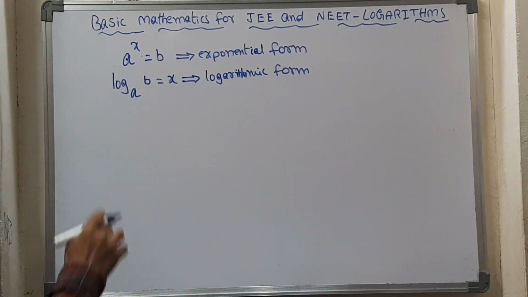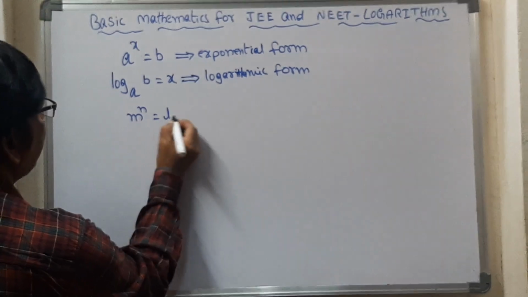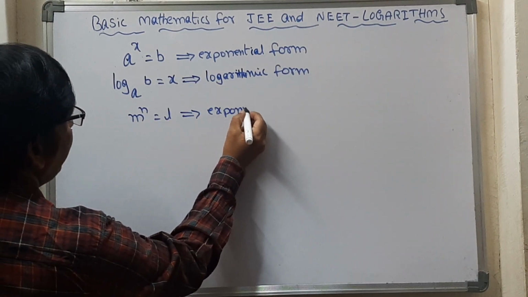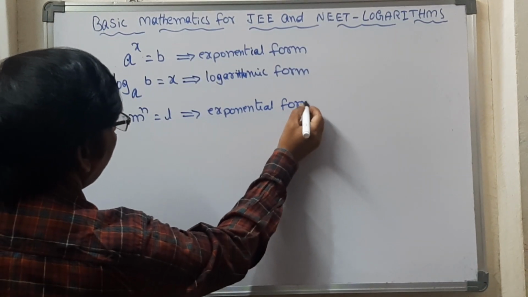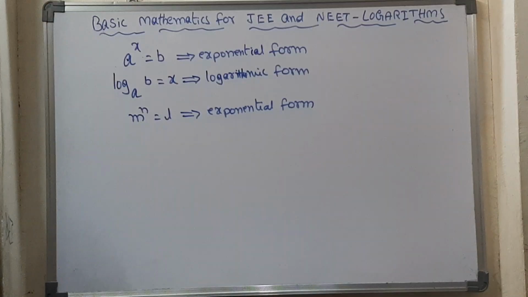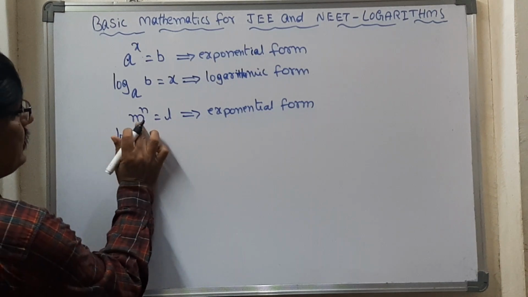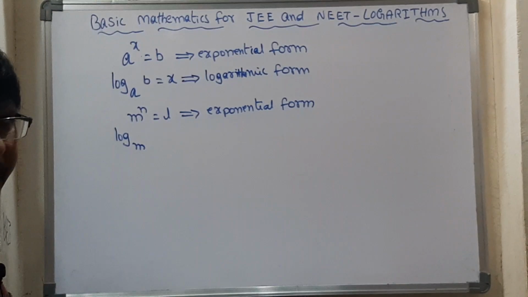And one more example, let us take. If m power n is equal to L, what do we call this? This is an exponential form. And how can we write this in logarithmic form? Very simple. First we write log. What is the base here? m is the base, and we consider it as it is.